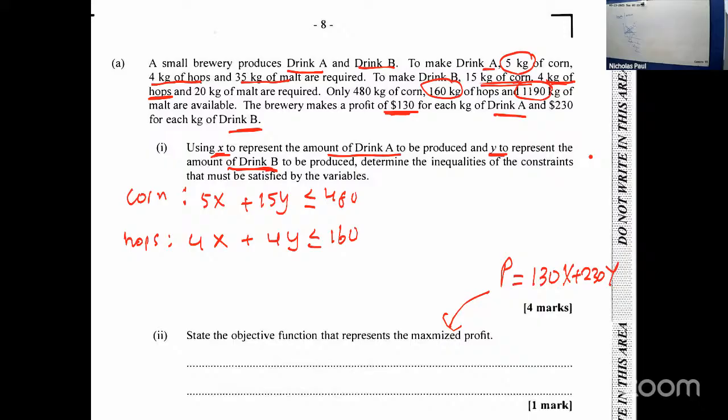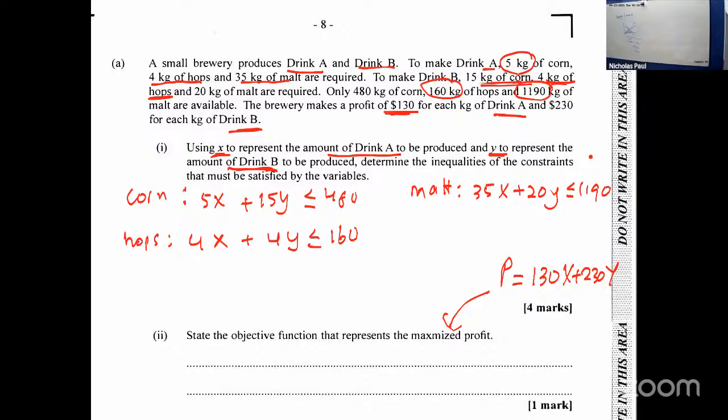And then with the last one, malt. Malt will be 35x plus 20y is less than or equal to 1190.